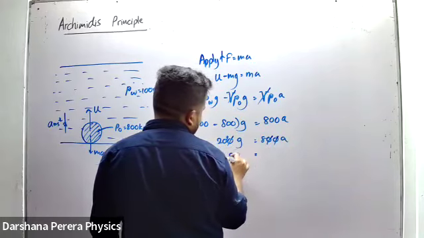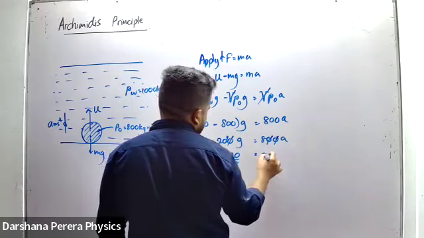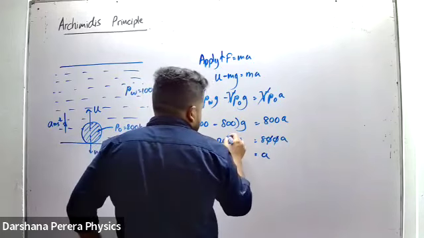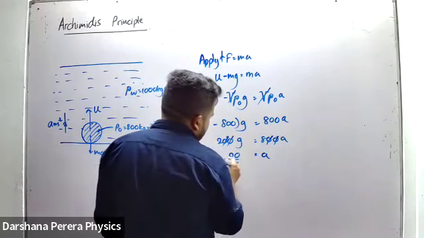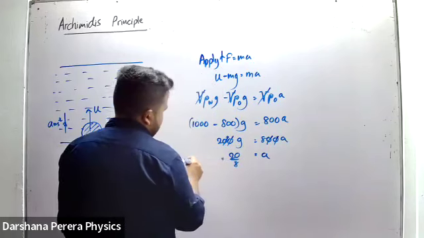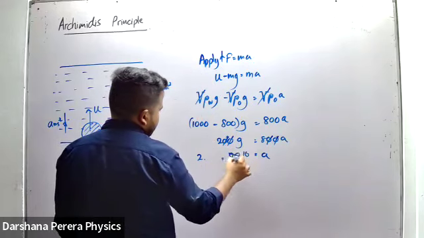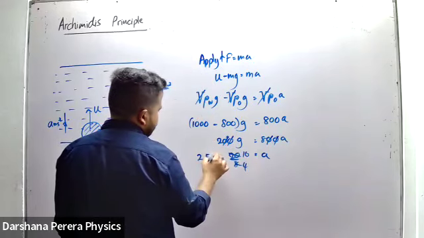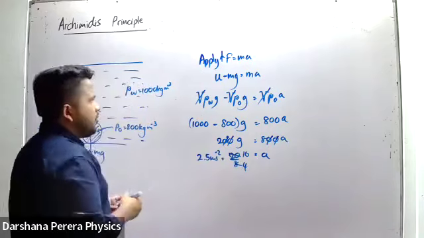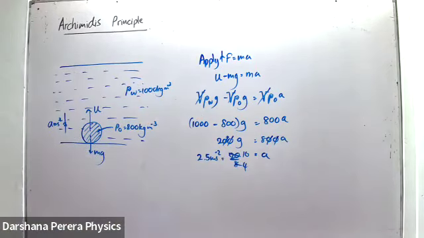That means 20/8 equals a. So that means 2.5 m s^-2. Okay, good. Yes, it is correct.